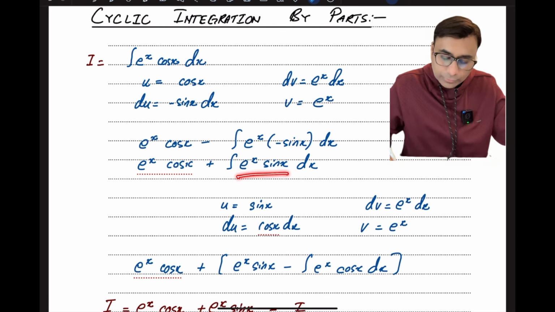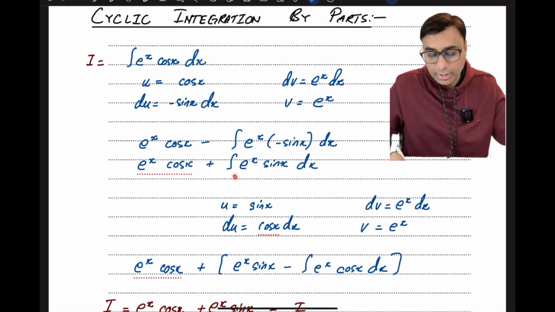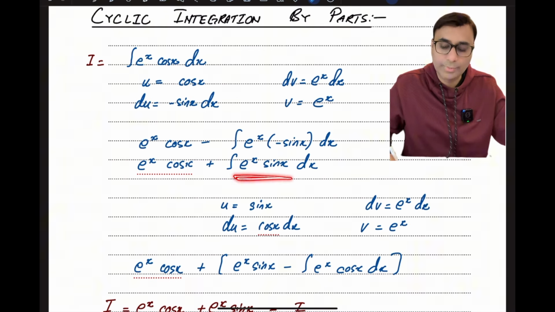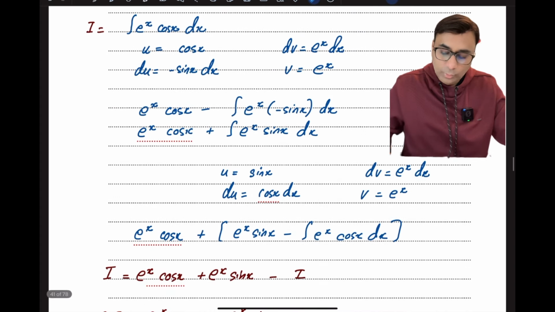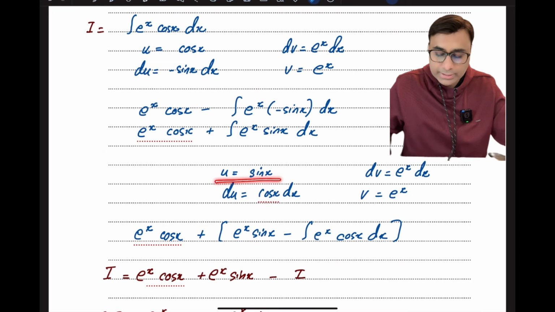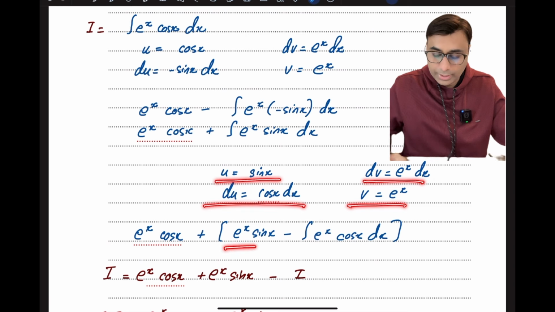I'll explain it to you, but what you do is that you don't stop here and you again apply integration by parts over here. So when you again apply integration by parts here, you have u as sine x, you have dv as e power x dx, you have differentiated u, you have integrated dv, and you have gotten yourself du and v, and you can apply the integration by parts formula.